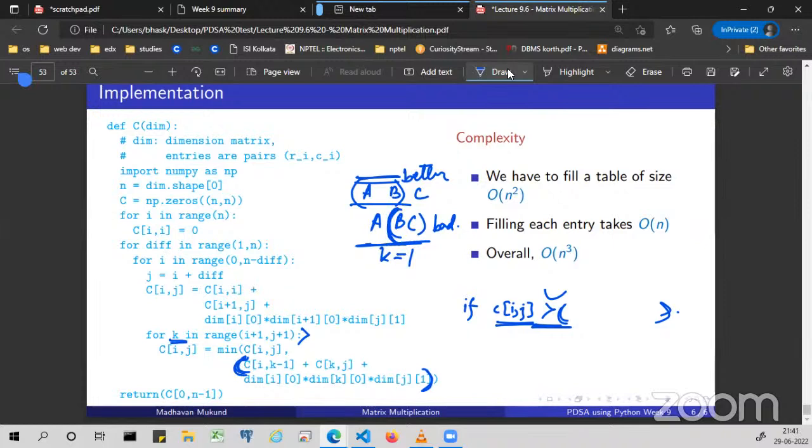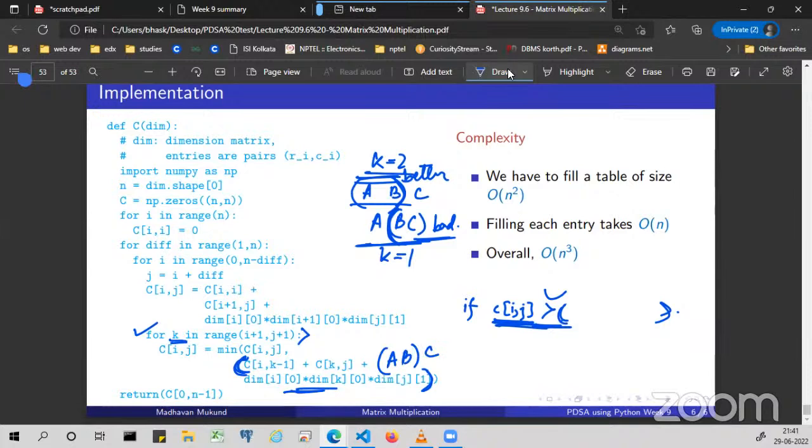And in this case k is equal to 2, because we are placing the bifurcation over here, separating this out. So initially this bad value was stored, and then when k is equal to 2 happens in the for loop, you get this statement C i j is greater than this value, because this is considering the factor of AB first. K is 2 now.